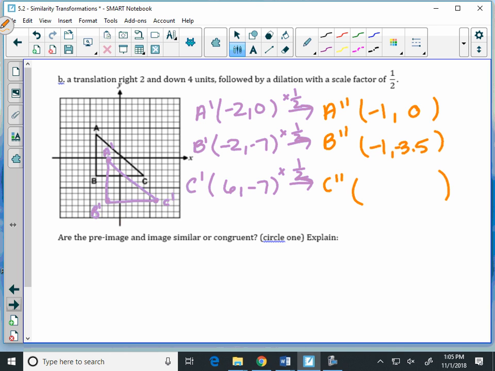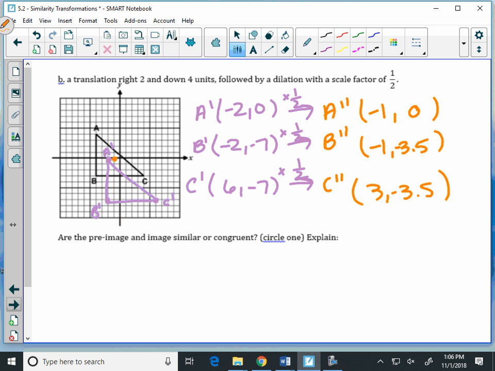But if you write it as a decimal, it's easier to tell. And then when we multiply C prime by 1/2, what do we get, Nyla? Okay. And then we're done. So we just plot our new orange points, label, and that is our answer.